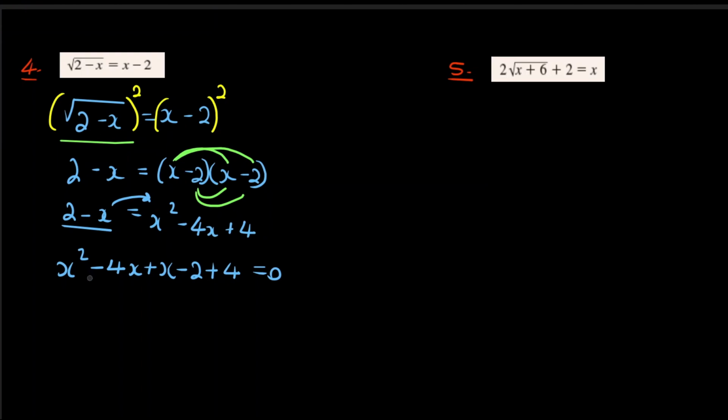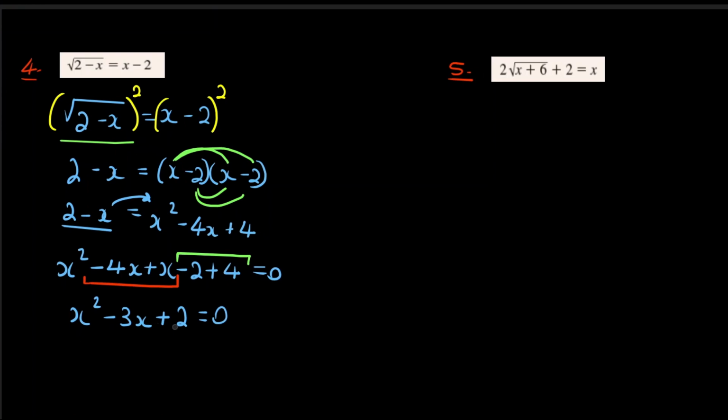I like highlighting them so that you're able to see them. We're grouping apples with apples, and bananas with bananas. Also note I'm taking the sign in front of the numbers. So we'll have x squared, minus 4x plus x gives us negative 3x, and negative 2 plus 4 gives us positive 2, equals to 0.